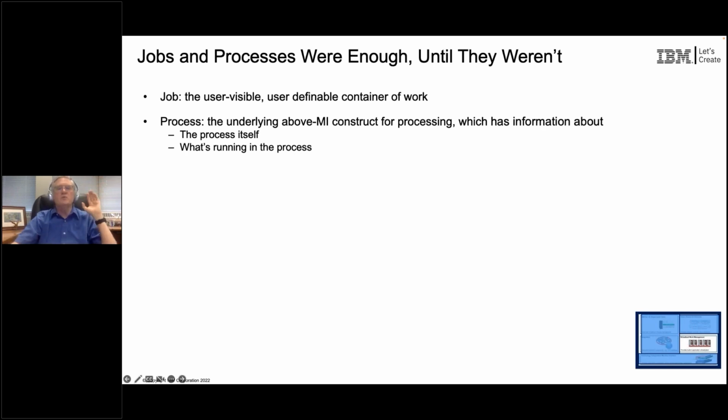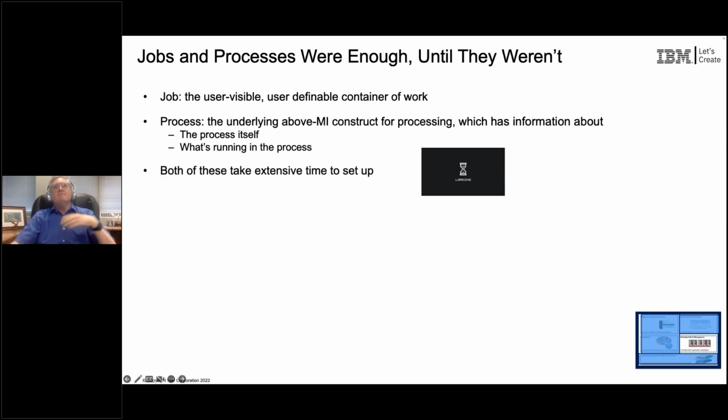It was fine, but in comparison to other architectures, setting up this job, which has a huge amount of information about the resources that are available to you, and setting up the process that supported that job, comparatively to other things that were going on in the industry, they took a long time to set up.